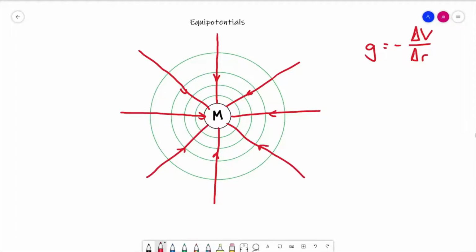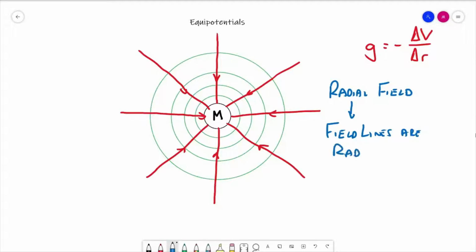Okay, just like that. Now, we describe that field line pattern as a radial field. Which means that all of these field lines are simply the radii of circles. So in other words, one of them would be the radius of a circle.